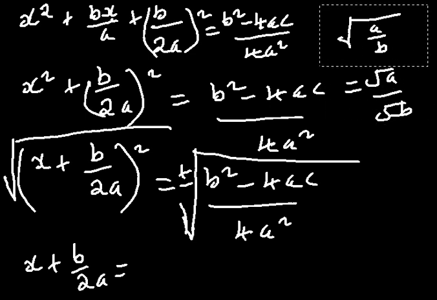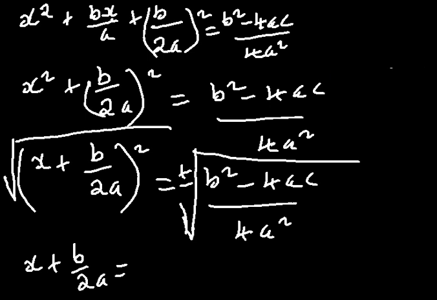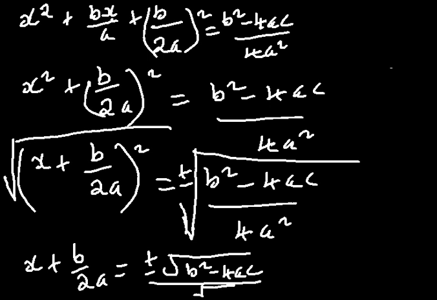Now if that is the case, what we'll have is plus or minus the square root of b squared minus 4ac divided by the square root of 4a squared.